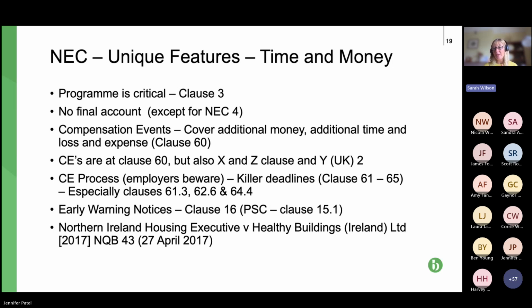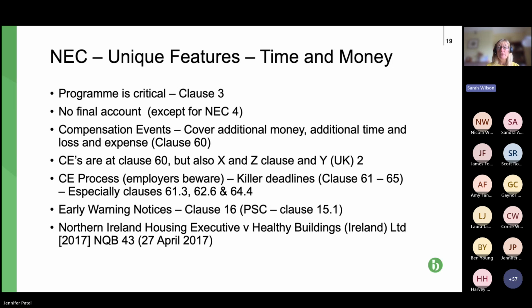But where I said NEC and JCT are picking out points from each other's contracts and adopting them, one of the ones that NEC has adopted is the final account mechanism and the time barring provisions linked to it. So now in NEC 4, clause 53, we have final account provisions and time barring.